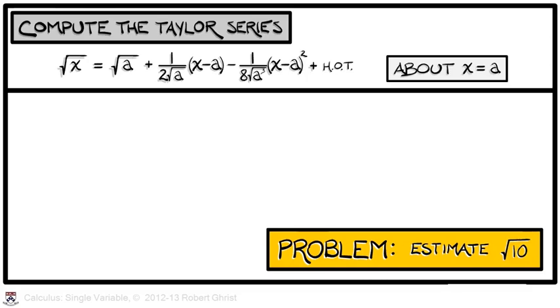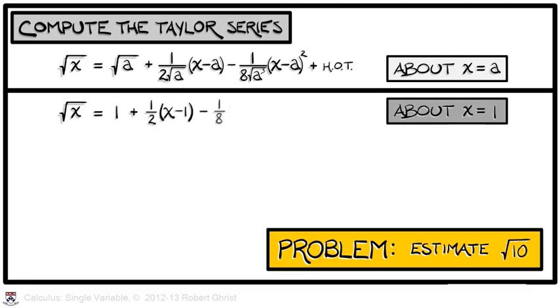Well, to compute the square root of 10, what are we going to do? Let's say I expand about 1, because 1 is a simple value. I know the square root of 1, that is simply 1. That makes the coefficients of the Taylor expansion easy to compute.